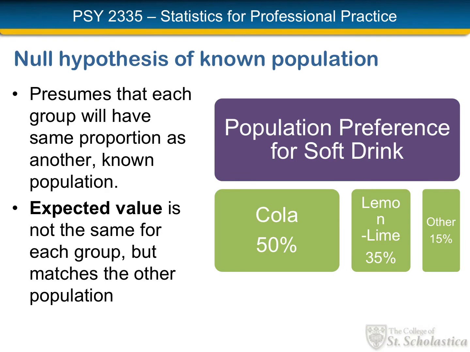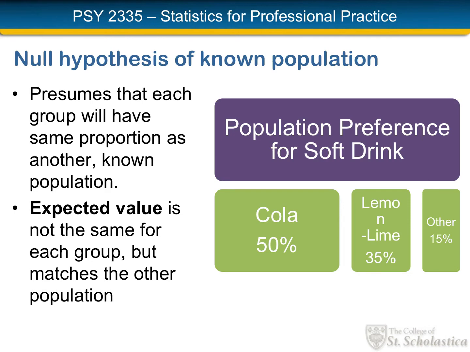Alternatively, we might have data about some large population. So for instance, we might know that in the United States, across the country, 50% of the people prefer cola, about 35% like lemon lime, and that the other 15% like other drinks.